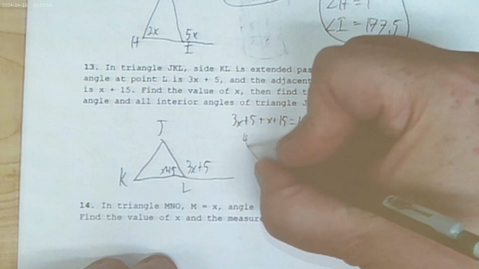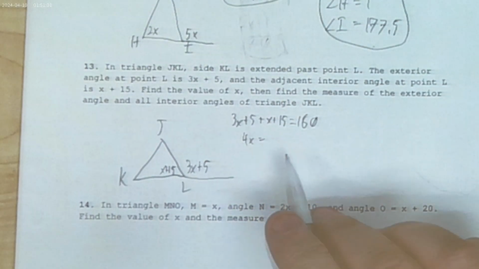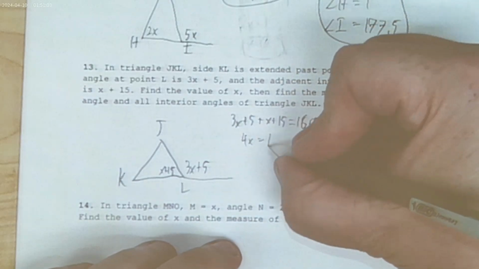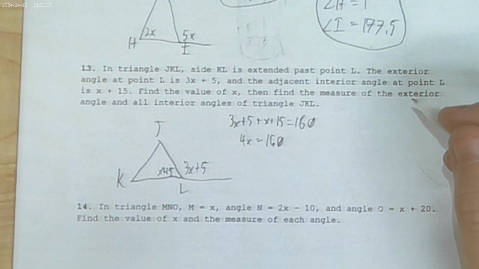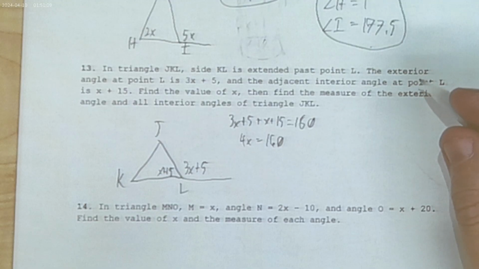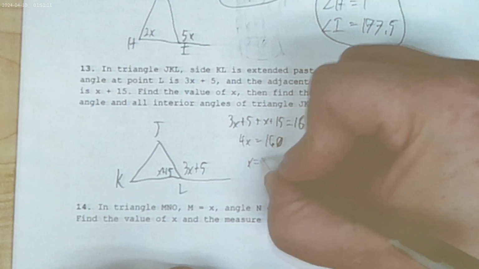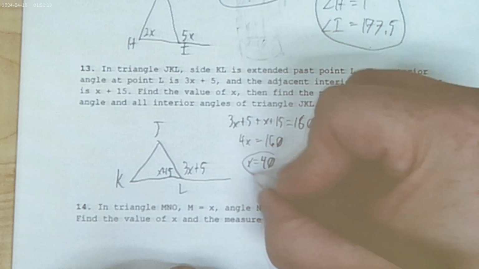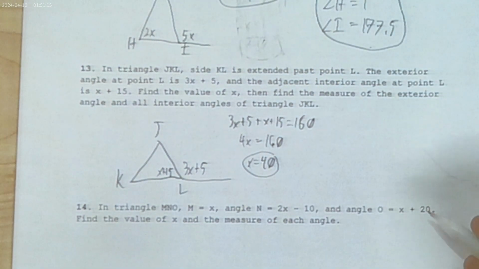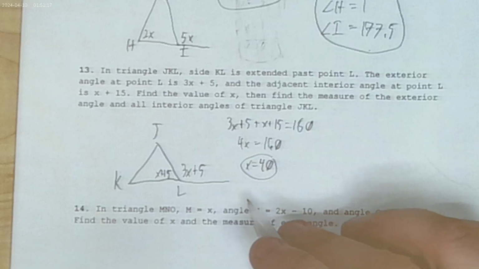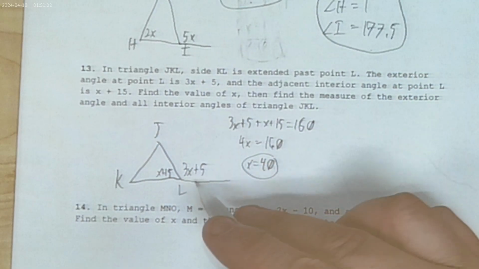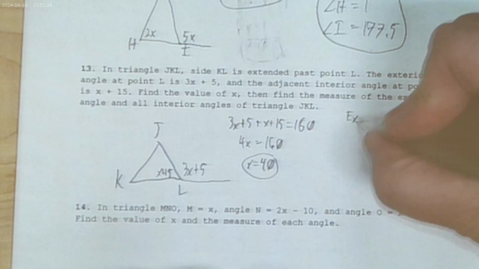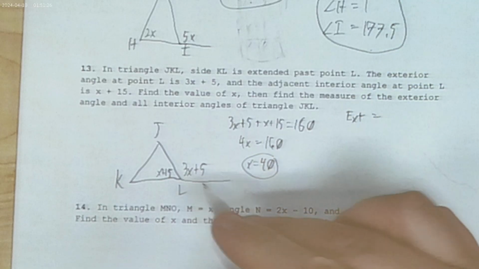So that means 4x equals 180 minus 20, 160. So I think that's 40. 160 divided by 4 equals, yeah, x equals 40. So there we go. There's that x. So the measure of the exterior angle is 3x plus 5.